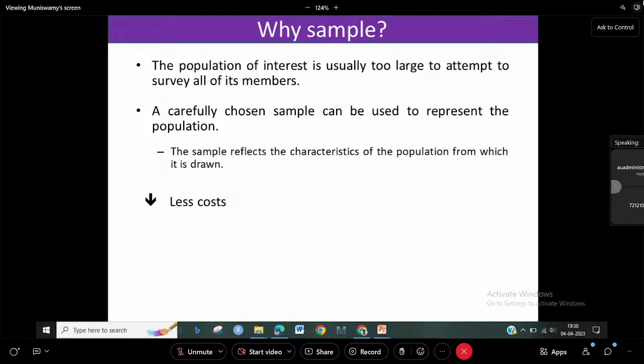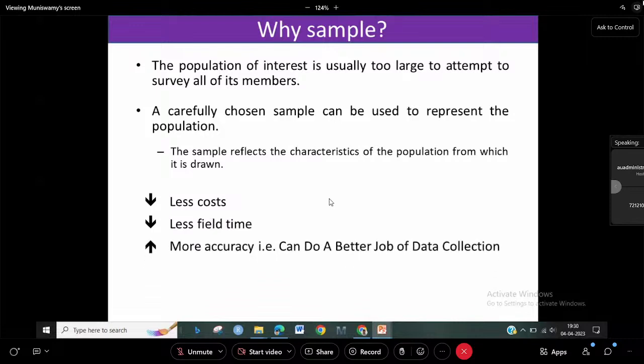Generally, the government appoints teachers to gather the data, so we have to give traveling allowances and daily allowances, and the budget increases. But with sample surveys, the cost is decreasing. We gather very few observations, and also it takes less field time, with more accuracy and a better job of data collection.